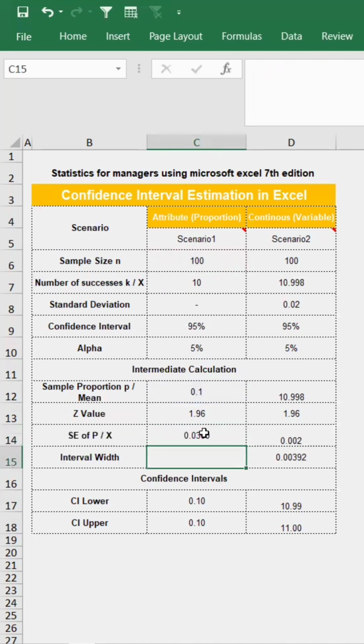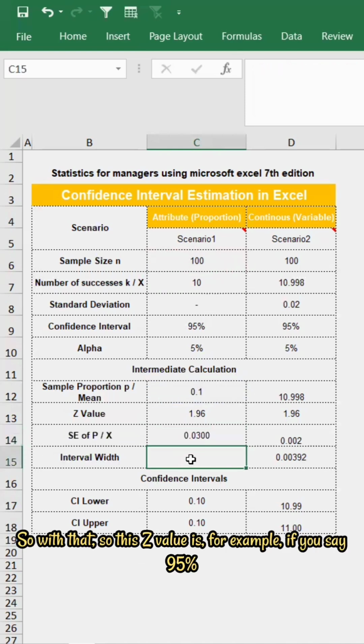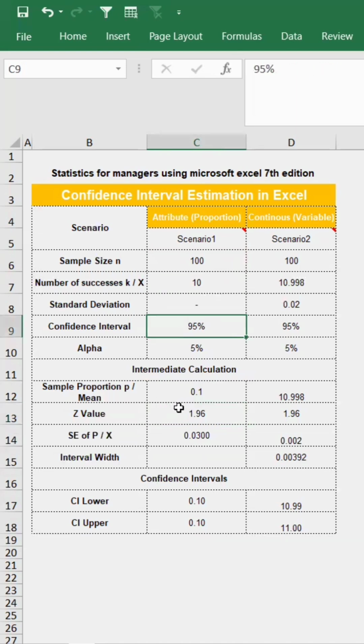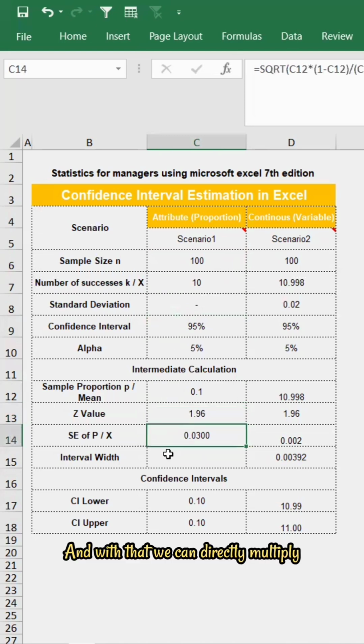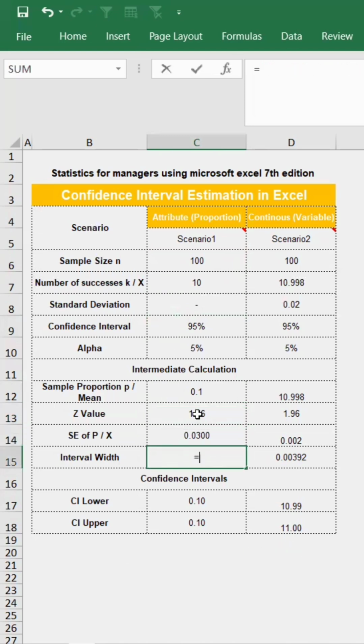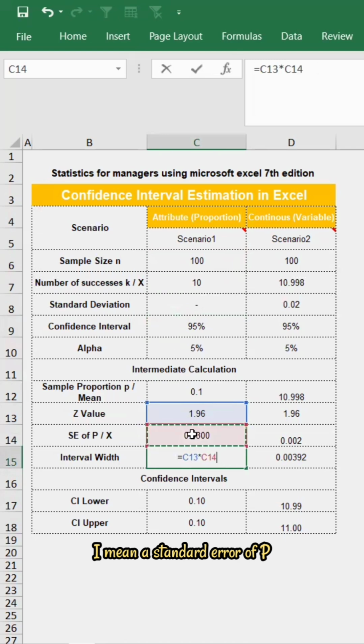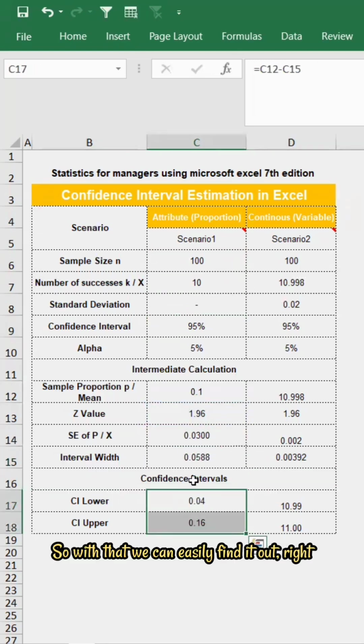That means 0.03. With that, the z value, for example if you say 95%, is 1.96, and we can directly multiply this z by the standard error of P. So with that, we can easily find it out.